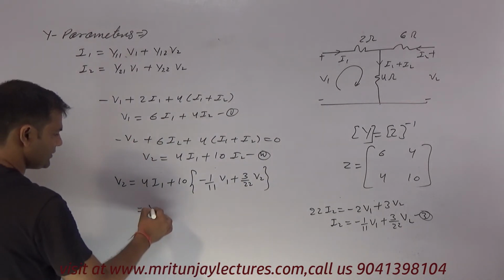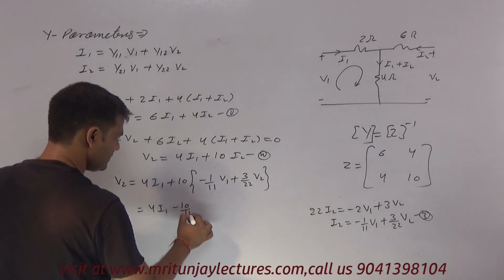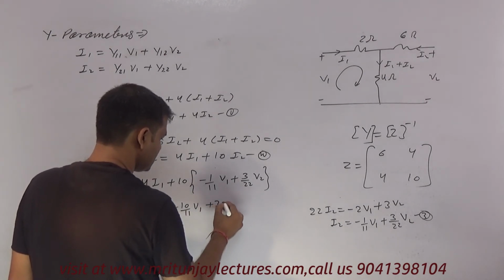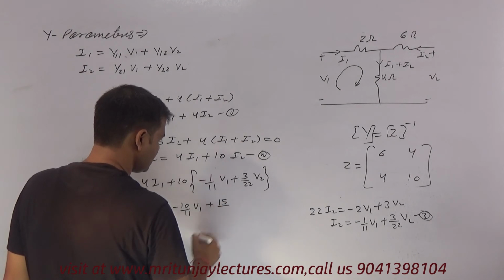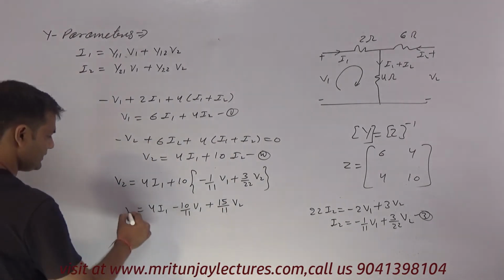Okay, so 4 I1 minus 10 by 11 V1 plus 30 by 22 means you will write as 15 divided by 11 into V2. Okay, and that is V2.